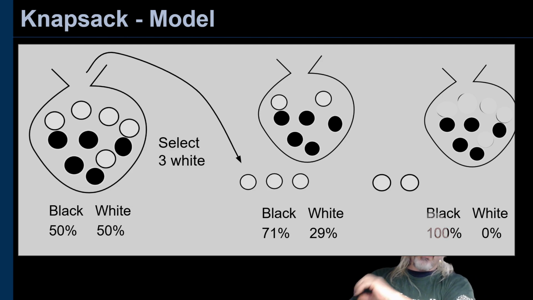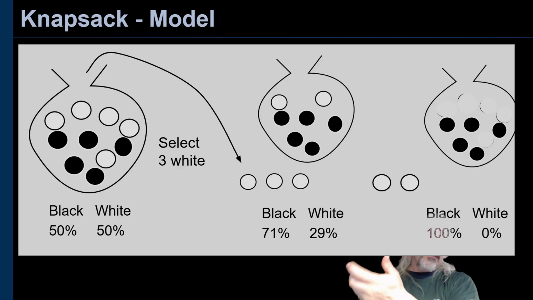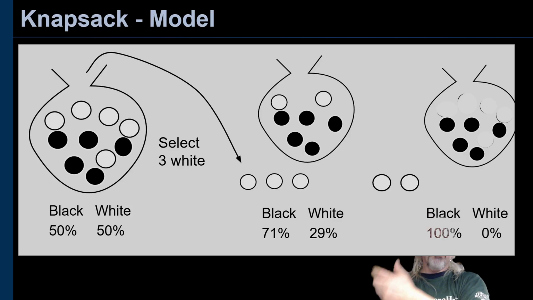After taking out 3, I've got 2 white beads and 5 black beads, and that leads to this idea of there being a 70% chance of getting a black bead. Now, if we were in that standard situation where we had 70% black and 30% white, if I was to pull out a random bead, what percentage of you would guess that it would be black?